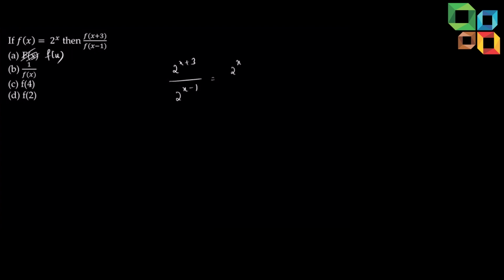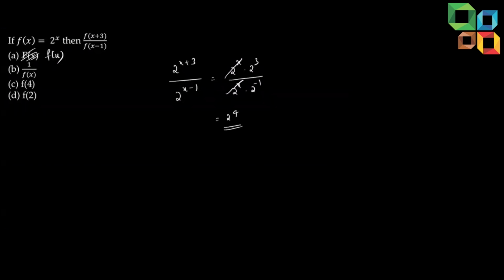This is 2 power x into 2 power 3. I think a power m into a power n is a power m plus n. This you would have learned. So this is 2 power x into 2 power minus 1. So 2 power x gets cancelled. 2 power minus 1 is nothing but 1 by 2 power 1. So it will be 2 power 4.